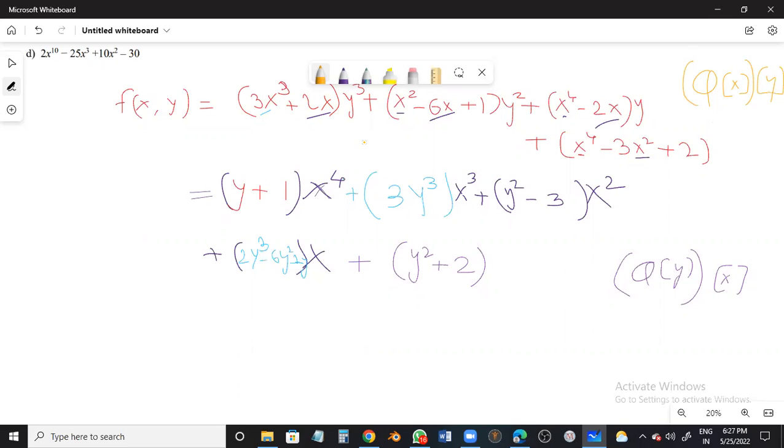The indeterminates here were y. We will not call them variables. The indeterminates are y and the coefficient is a polynomial in x. That is why it is Q of x of y. And what we did, we separated it. We have arranged it as if it is a polynomial in x and the coefficients are from Q of y. Is it fine now?